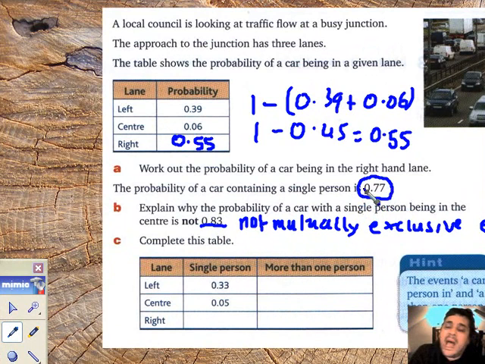Supposing I wanted to be a single driver in my car in the outside right hand lane of 0.55, you can see adding these two probabilities gives you a probability way above 1, and we can't have above 100%. So it doesn't make sense to add events which are not mutually exclusive. Alright, so you can't do that. So best answer, these events are not mutually exclusive, so you can't add the probabilities.